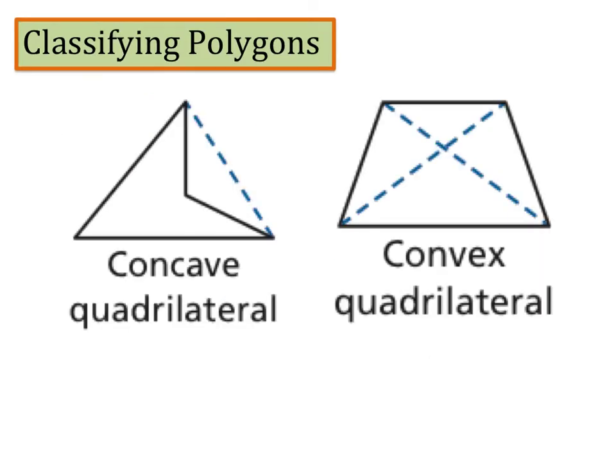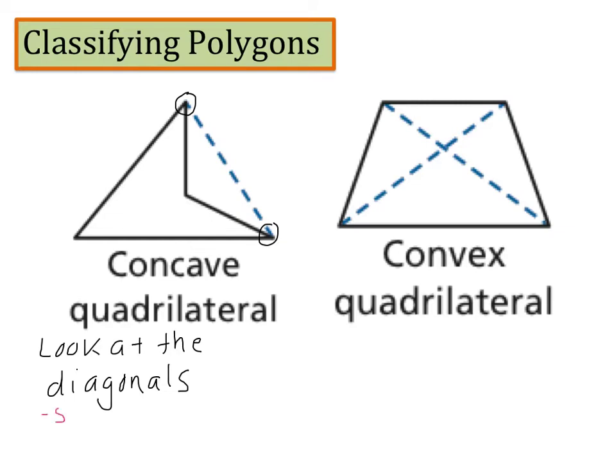Another way to classify polygons is by determining whether the polygon is concave or convex. Now, to determine whether it's concave or convex, you want to look at the diagonals. Now a diagonal is a segment that goes from one endpoint to another endpoint.